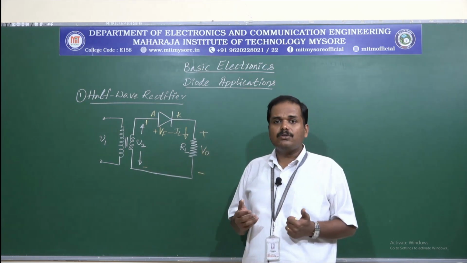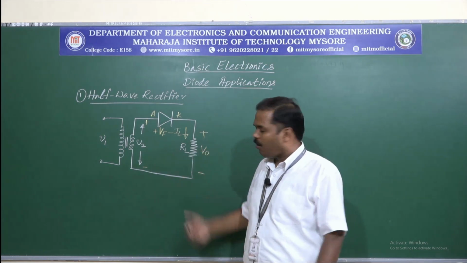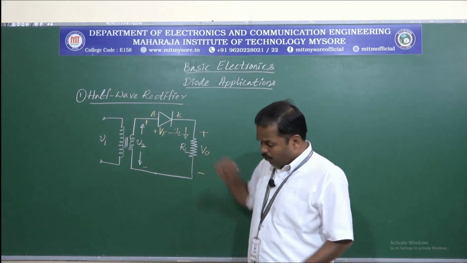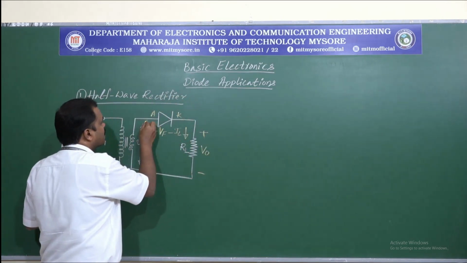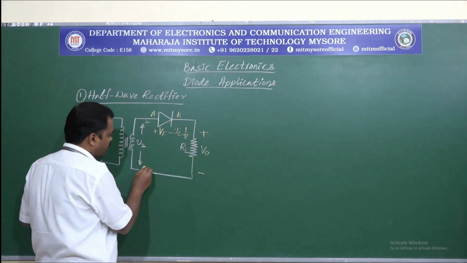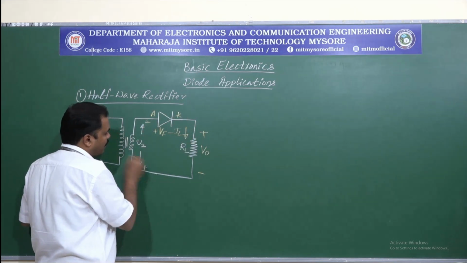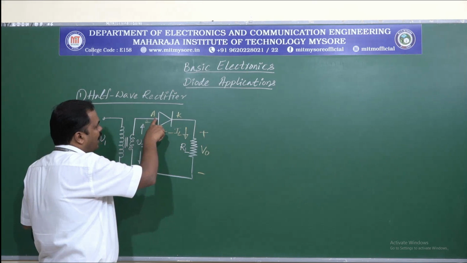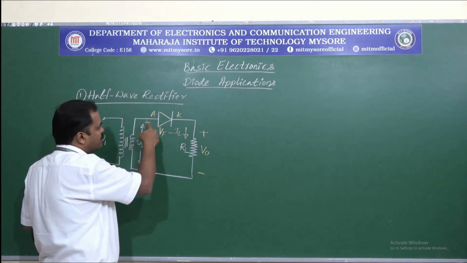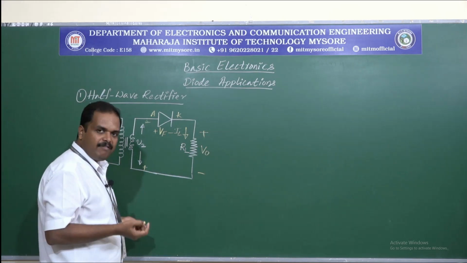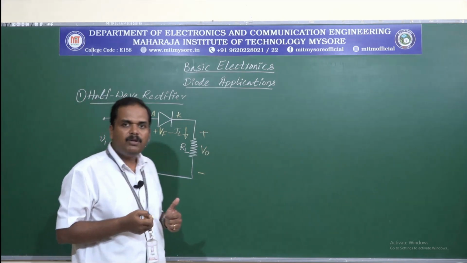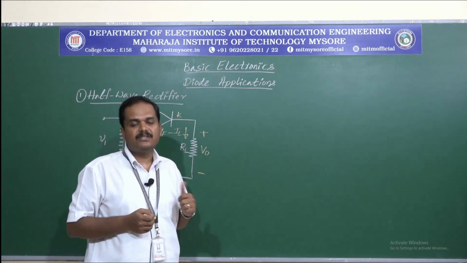Now, coming to the negative half cycle, what happens here is the anode becomes negative with respect to cathode. So, when the anode of diode gets negative potential with respect to cathode, the diode becomes reverse biased and it is said to be working as an open switch.